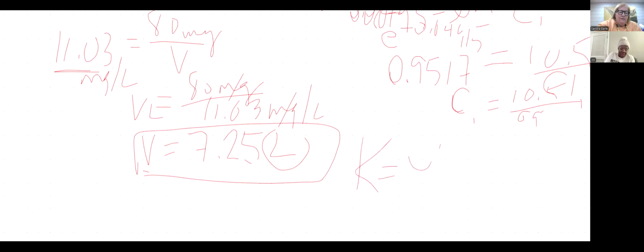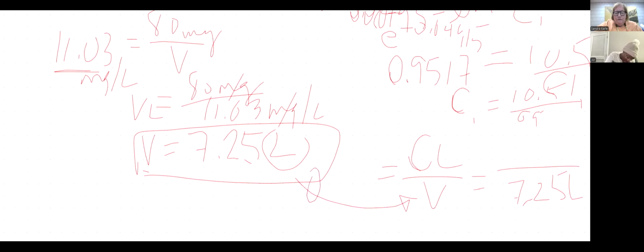So we can put in for volume 7.25 liters, and then for K, what's K? Negative 0... no, K is not negative. Sorry, the slope is negative, but here we want to put K as positive, so we don't get a negative clearance, right? So we don't want to kill the patient. Nope, we do not.